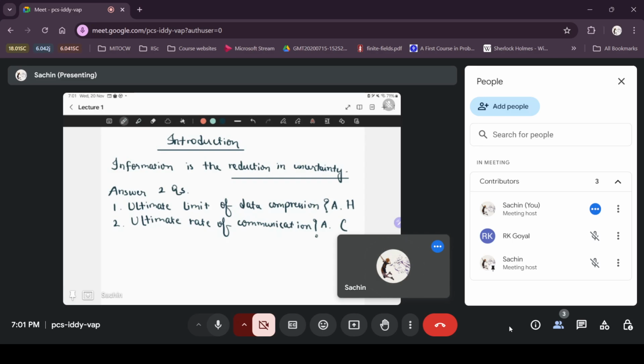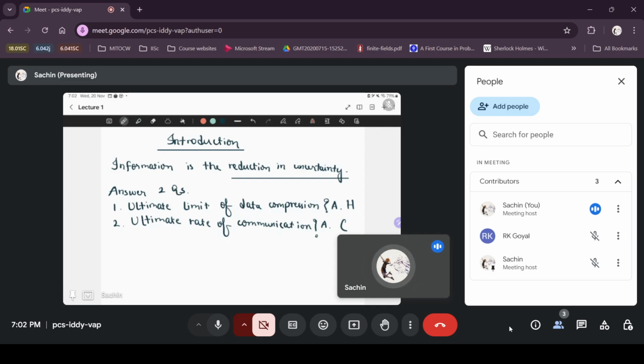So, in an abstract sense, these are the two main questions that we are interested in. Given some information, how can we store it so that we incur the minimum storage cost? We are compressing it to as small a quantity as possible.